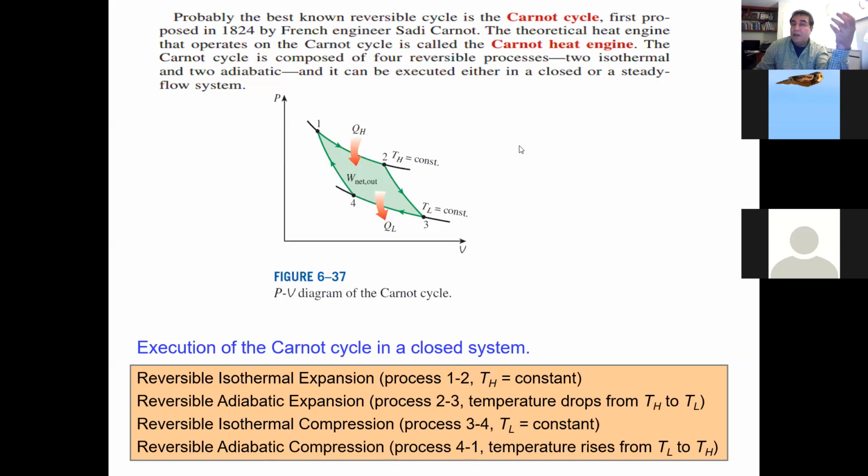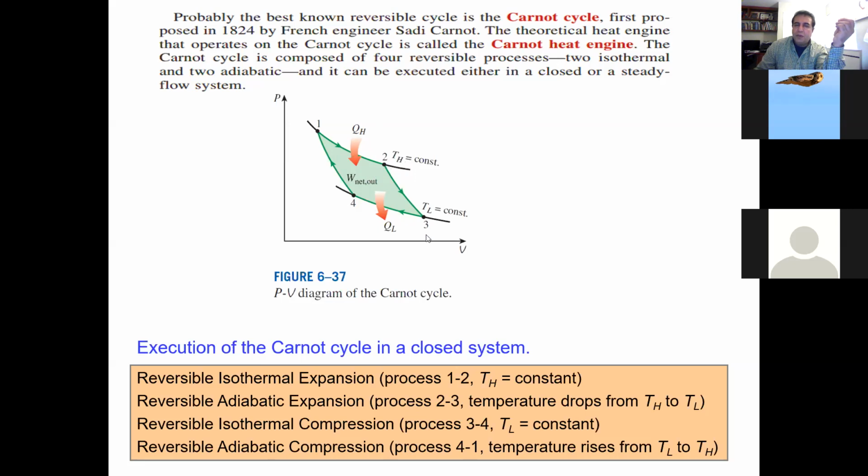The Carnot cycle is composed of 4 reversible processes, 2 isothermal and 2 adiabatic. It can be executed either in a closed or a steady flow system. So we have state 1 to state 2, where heat is transferred into the cycle at constant temperature, an isothermal process.